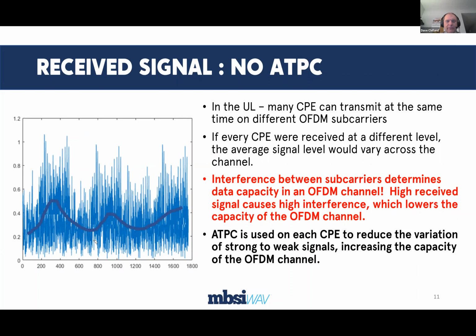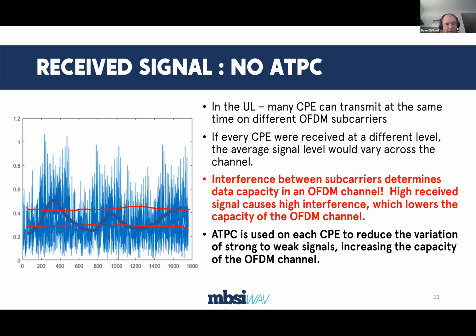So automatic transmit power control then has a very important function. It reduces the peak energy in these, so that no matter if it's a far subscriber module or a near subscriber module, the receive level is going to be very close for all of them.